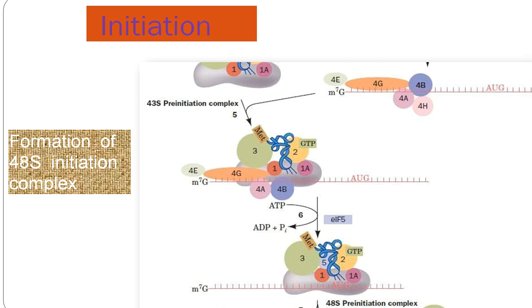Now, the third step in initiation is formation of the 48S initiation complex. For it, there is one step, that is mRNA activation, which occurs in eukaryotes only and not in prokaryotes. It is with the help of the 4F complex.